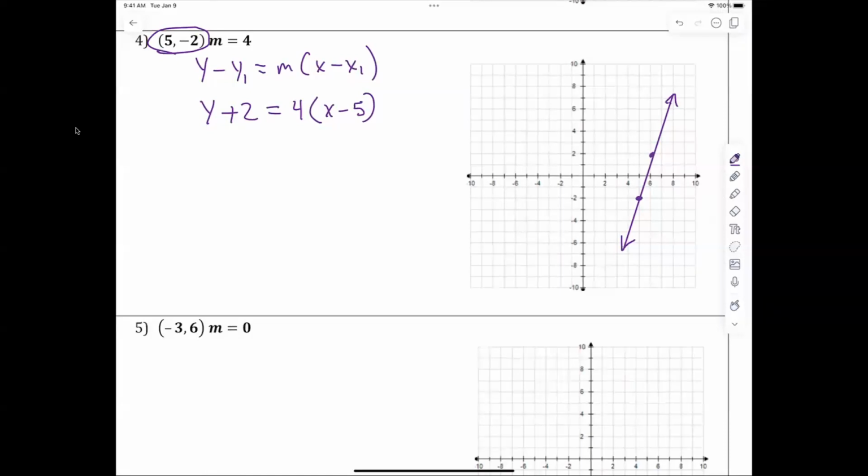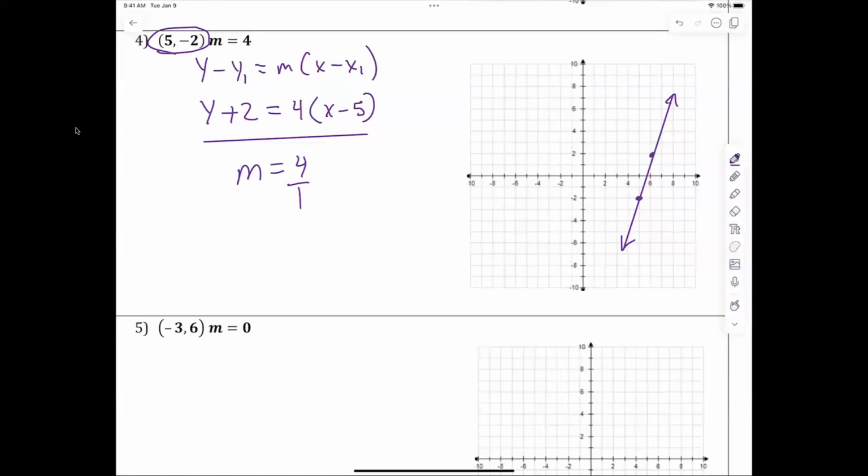There are two things that you have to do. You have to write the equation and you have to graph it. How to go up and over, that's the slope. The slope is 4 over 1.